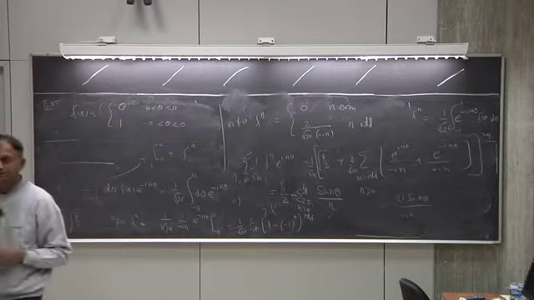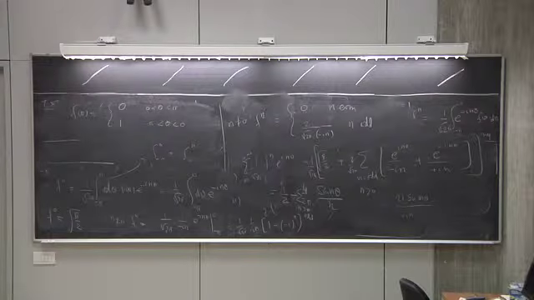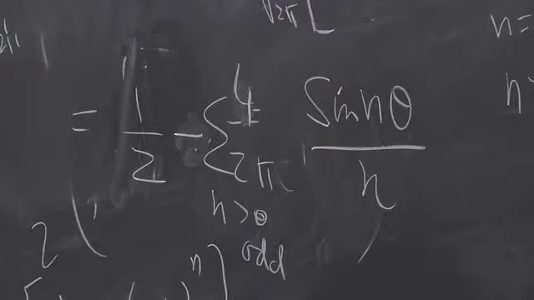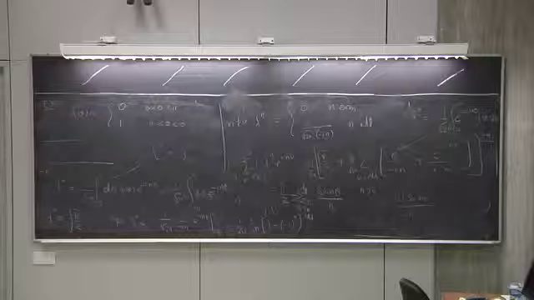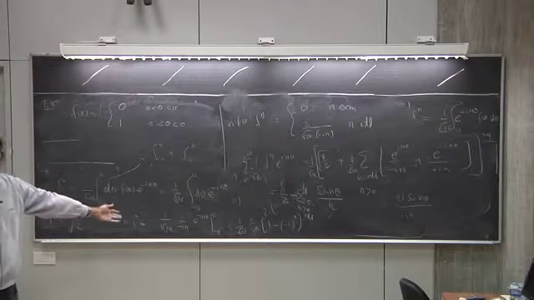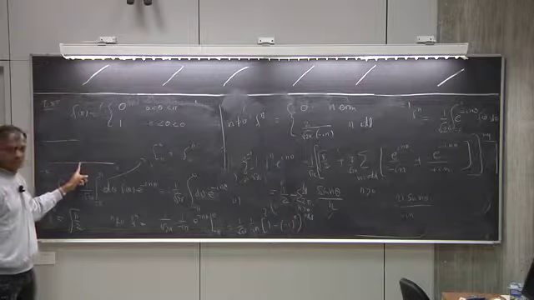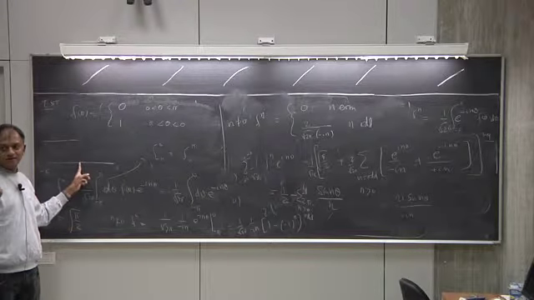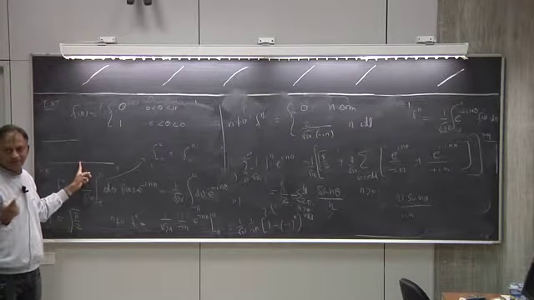Yeah, you're good. For example, our function is not continuous at theta equal to 0. Yeah, but that doesn't matter. You can think in terms of the Lebesgue integral. It doesn't matter because this point is of measure 0. This is just one point. It's a measure 0 set.